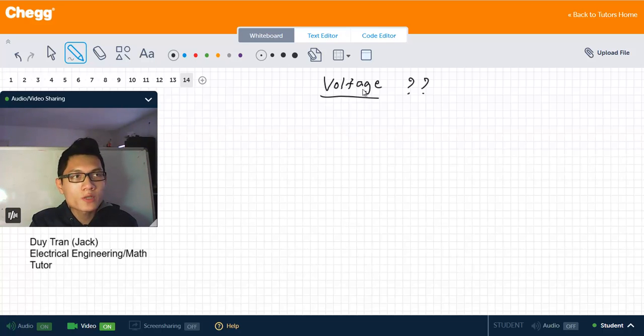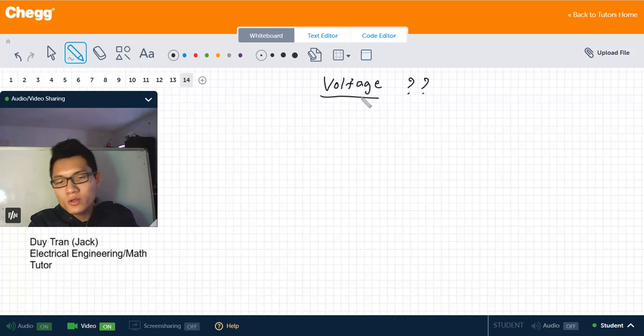Today's lesson is focusing on the voltage. Voltage is a really famous term that we hear almost every single time we talk about electronics and electrical engineering.